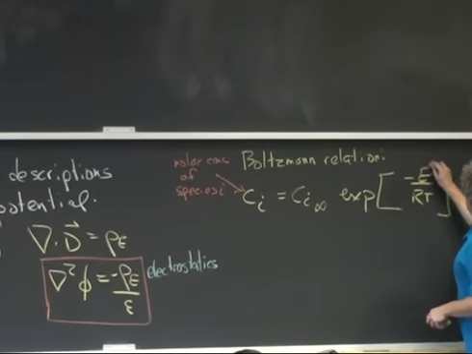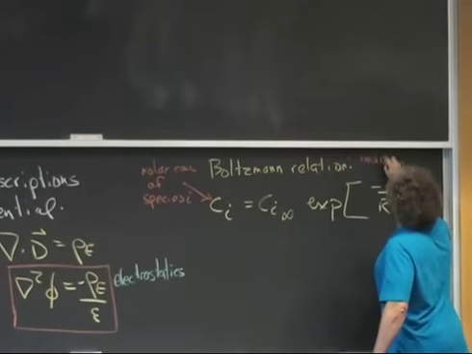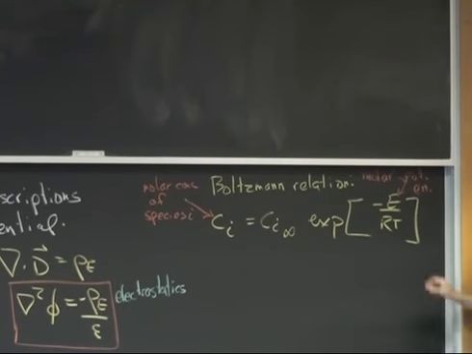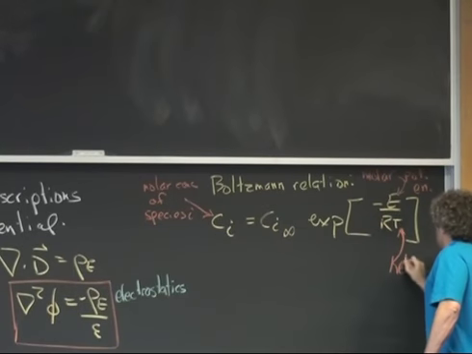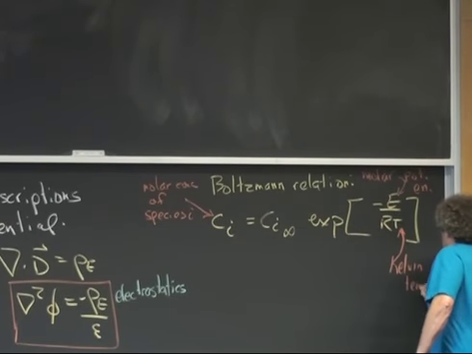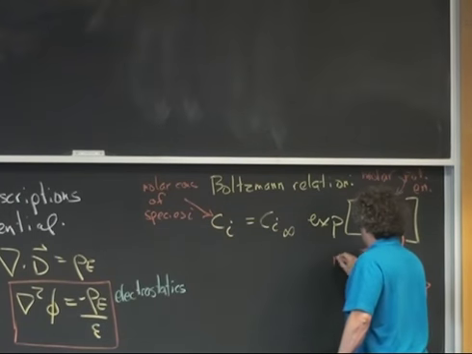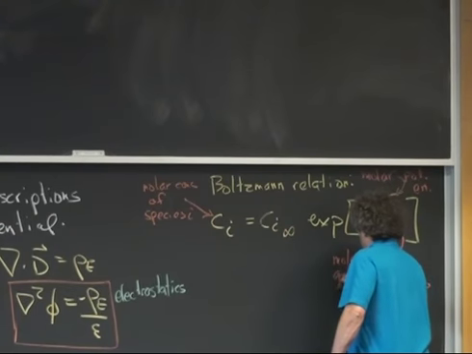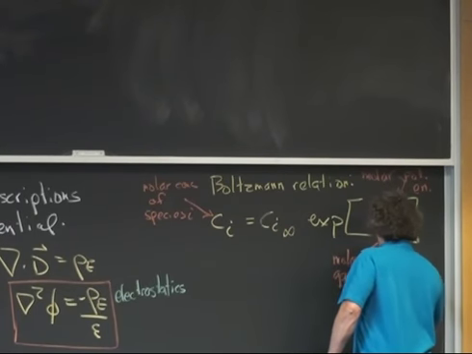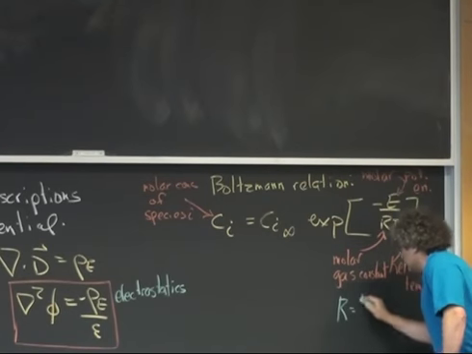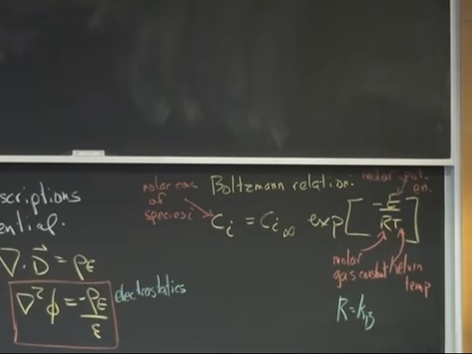So this E is the molar potential energy. This T is Kelvin temperature. This R is the universal molar gas constant. And we can also say that R is related to the Boltzmann constant, which I'll denote as k sub B, and Avogadro's number, N sub A.